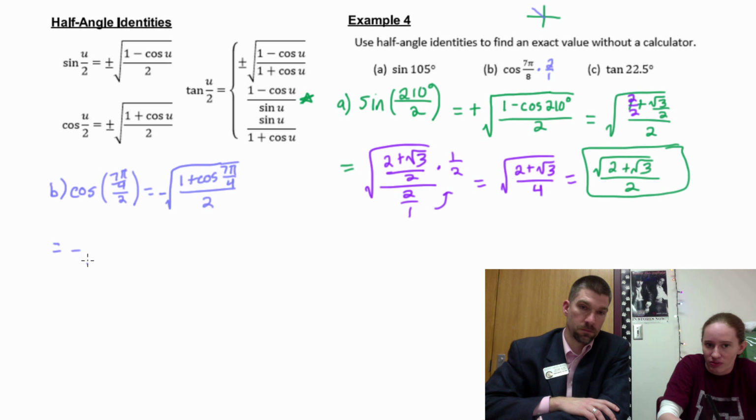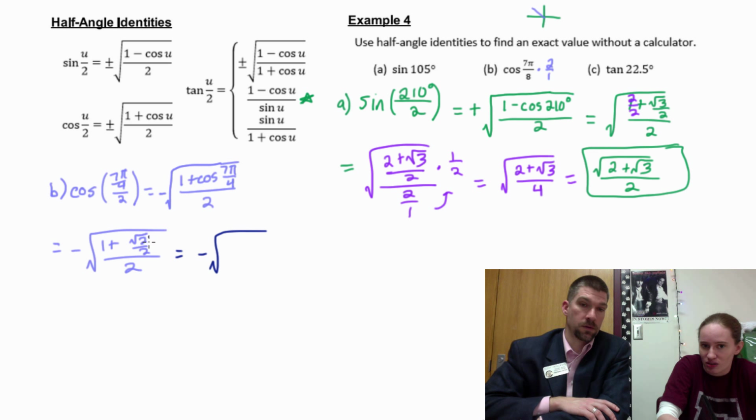So let's simplify. Cosine of 7 pi over 4 is the square root of 2 over 2. And it is positive, in case you were worried. It's not in the second quadrant, it's in the fourth quadrant, which is positive.